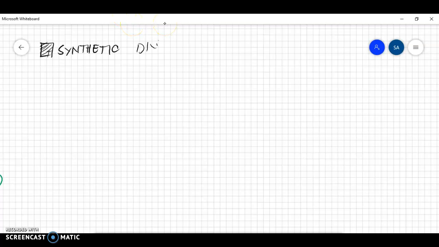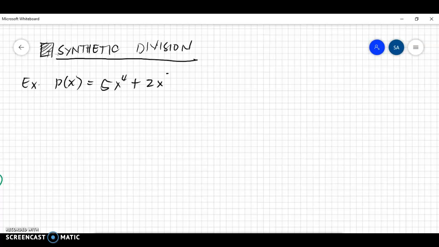Synthetic division. So let's say, for example, we have the polynomial p of x is equal to 5x raised to 4 minus 2x cubed plus 6x squared minus 5x plus 8.